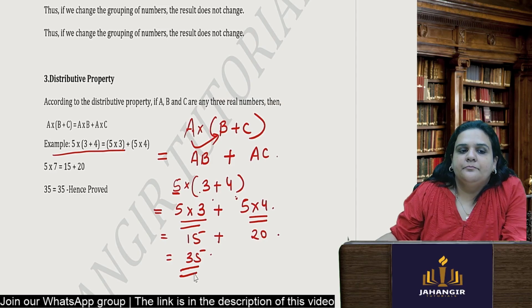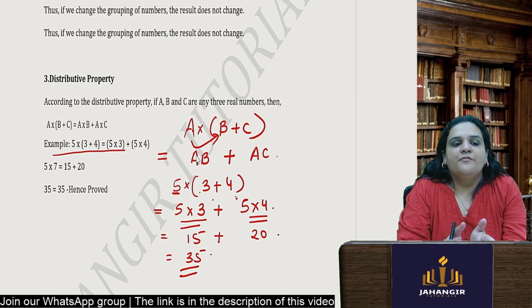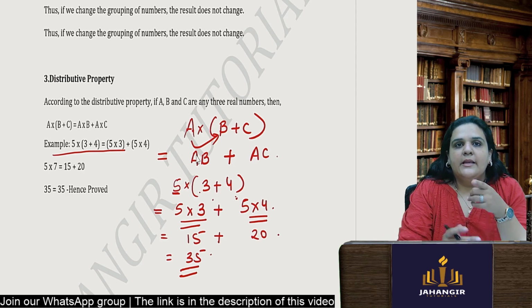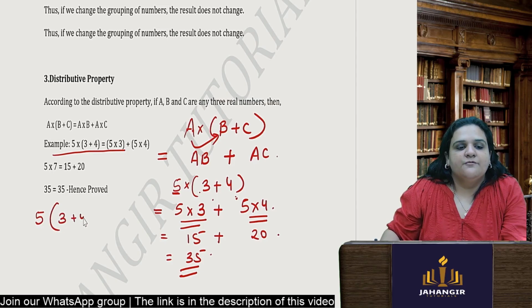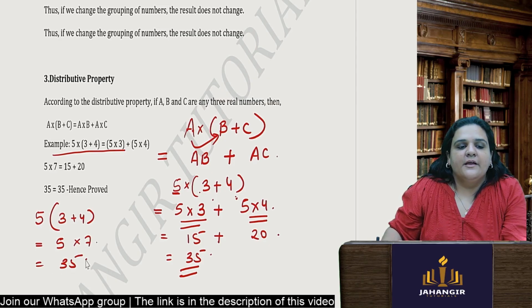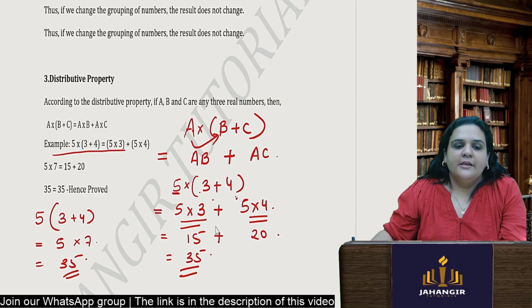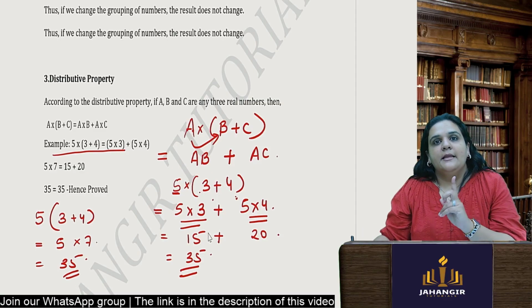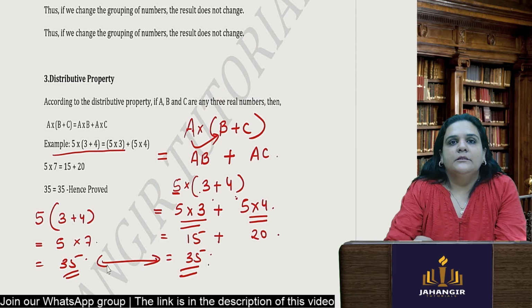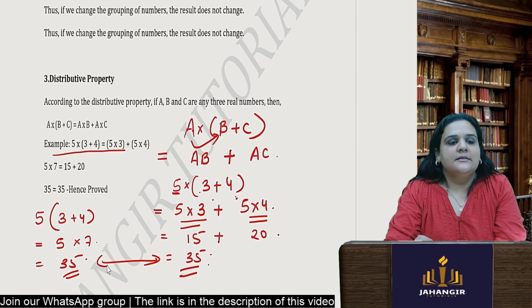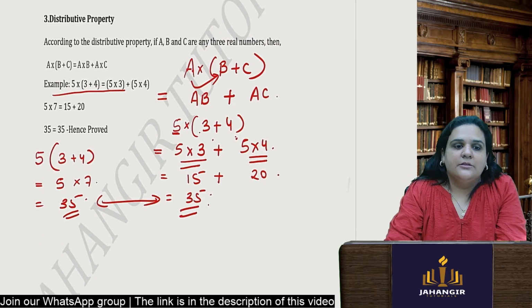Even if you do it like this, 5 into the bracket 3 plus 4, 4 plus 3 is 7, 5 times 7 is also 35. And when you solve it in A into B and A into C form also, you are going to get the answer 35. So the result does not change.